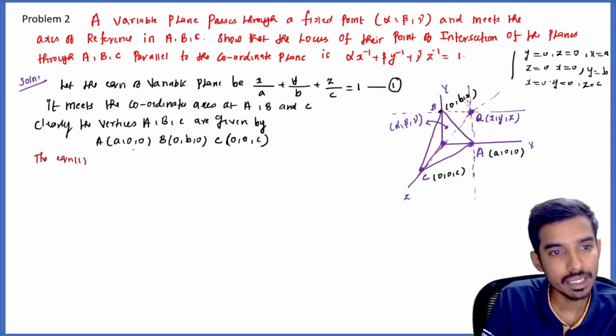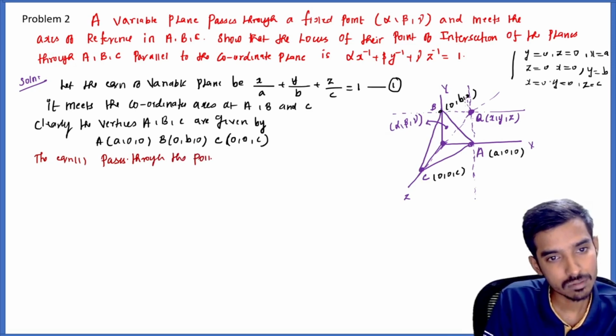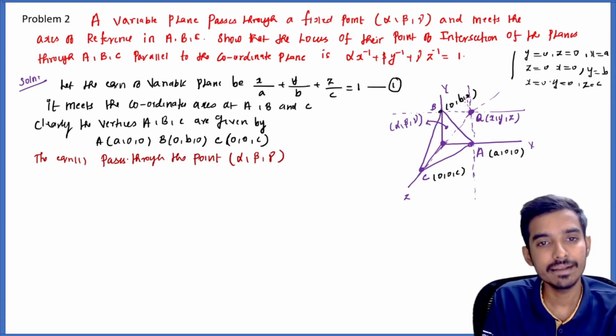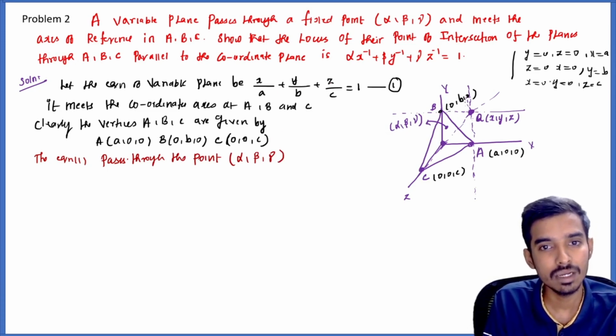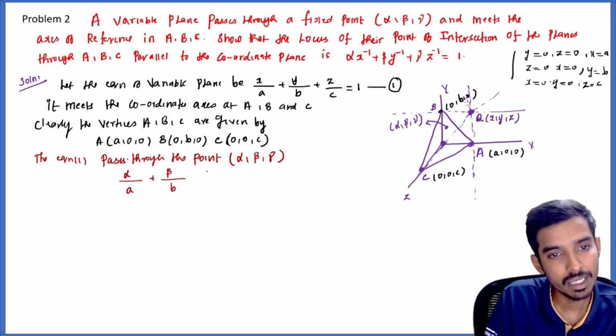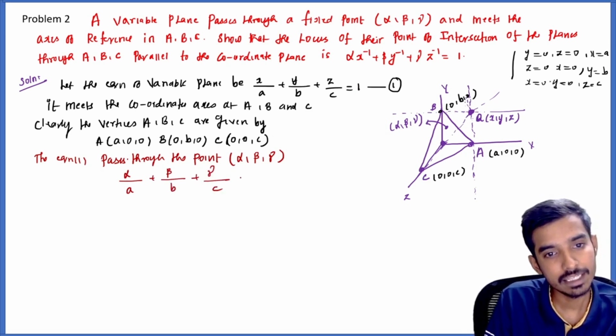The plane passes through the point alpha comma beta comma gamma. That means this point will satisfy the equation. If you put x is equal to alpha, y is equal to beta, z is equal to gamma, it will satisfy the equation. So we have alpha by a plus beta by b plus gamma by c is equal to 1. Call this equation number 2.